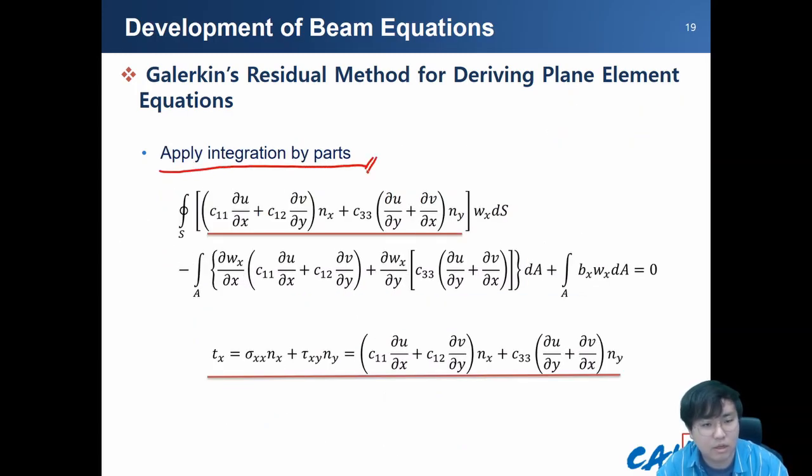The first technique is integration by parts. So what is integration by parts? I prepared the equation again.